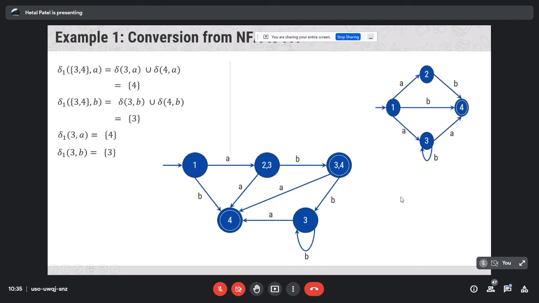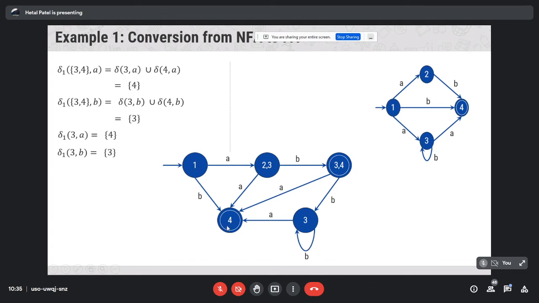That's why, now just concentrate properly. In the new finite automata that has been constructed, which states will you make final states? So just take care about choosing the final state. The final states will be those in which your NFA's final state appears as a merged state. Like here, 4 is a final state in your NFA.